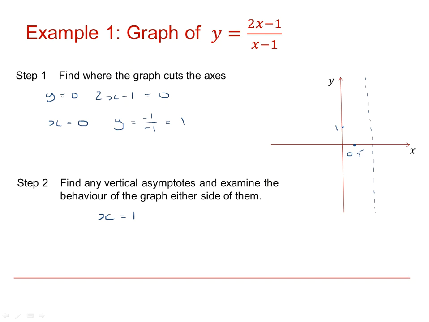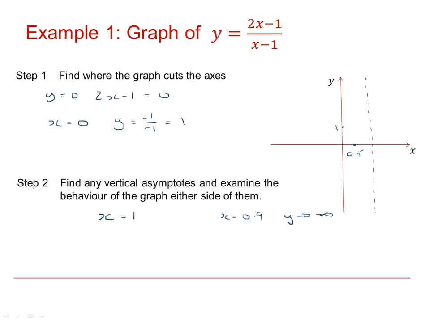Now for behavior either side of that, there are a couple of techniques you can use. One is to just think about the values of y just either side. So we could, for example, try x equal to 0.9, and we'll see that y is very large and negative at that value, so therefore y is approaching negative infinity.